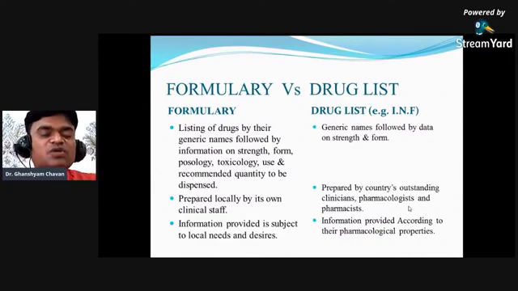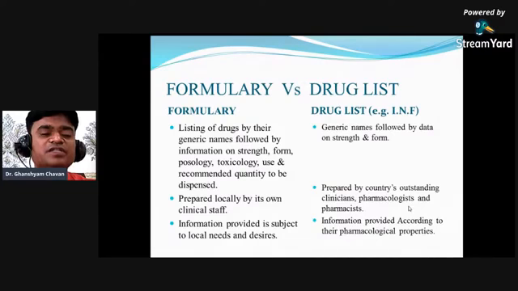So you should stick to your prescription, stick to the rules of the formulary. If you don't stick to them, definitely it will cause problems for the patients. Here, in the case of a drug list, generic names are followed by data on strength and form.